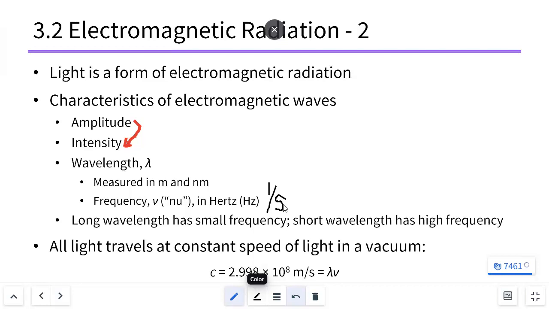There is an inverse relationship between wavelength and frequency. So for frequency, you can think about it this way: if I'm standing at a fixed point and looking at this wave as it is going by, frequency would be the number of complete wavelengths I see in a given second.